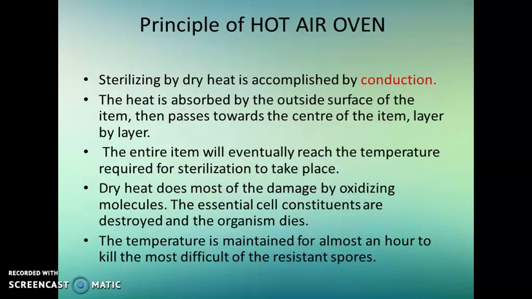Next is the principle of the hot air oven. Actually, sterilizing by dry heat is accomplished by conduction.